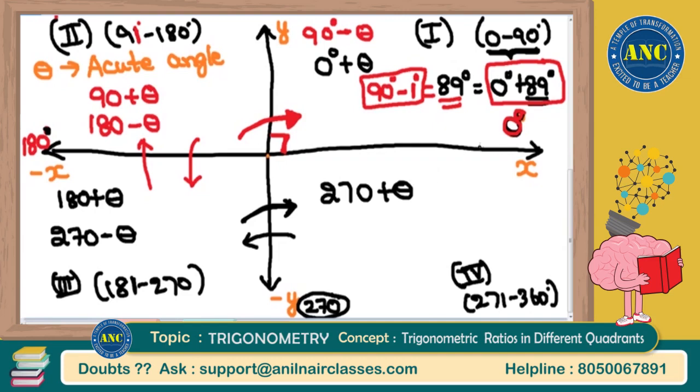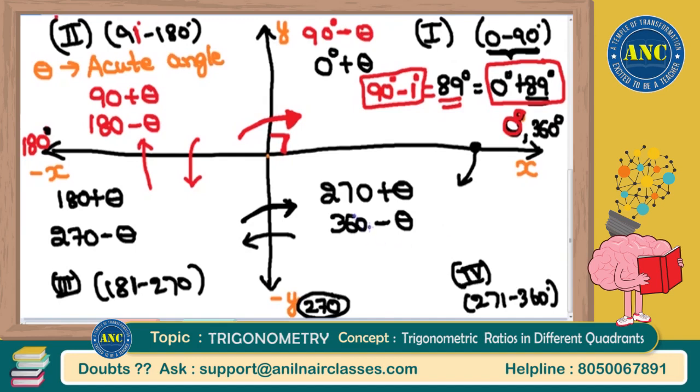Or I can also say, suppose I completed my entire circle, which is nothing but 360 degrees. So 0 can also be written as 360 degrees. Both are absolutely the same. From that 360 degrees, I will subtract some acute angle theta so that I will be back in my fourth quadrant itself. Or can I also say like this, sir? 360 degrees is absolutely the same as 0 degrees.